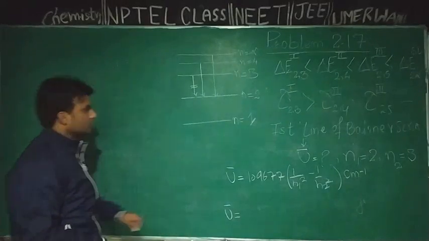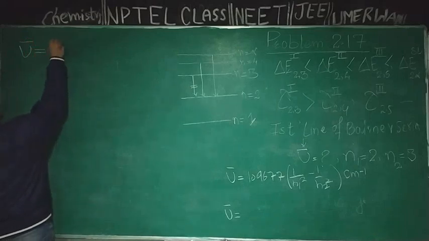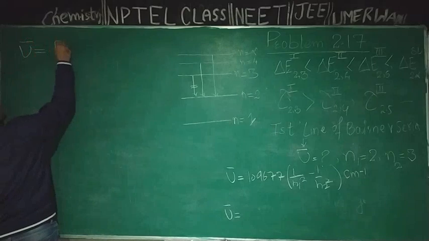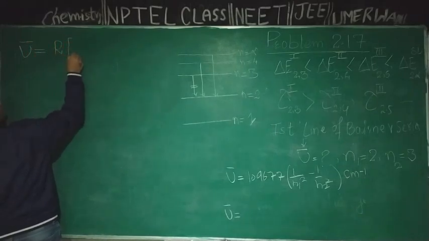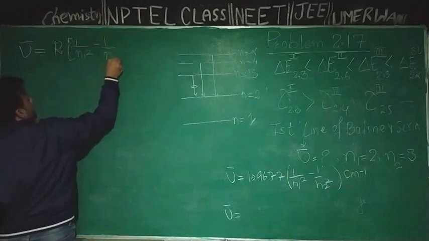In order to solve this problem, I will calculate the wave number of the first line of the Balmer series by this: nu bar is equal to R (1 by N1 square minus 1 by N2 square).